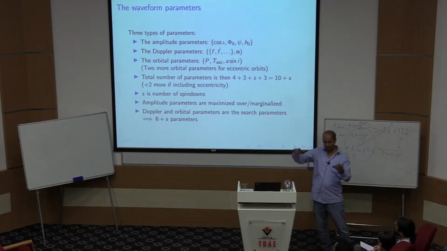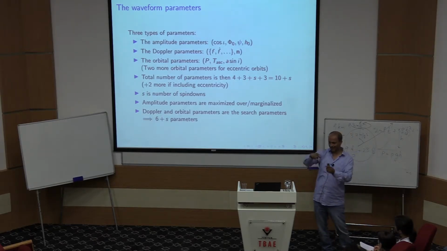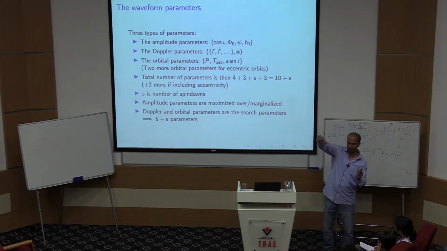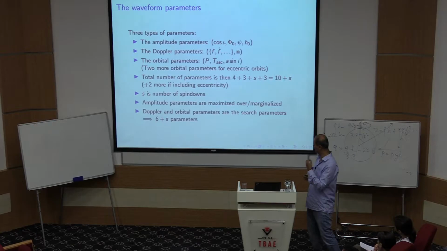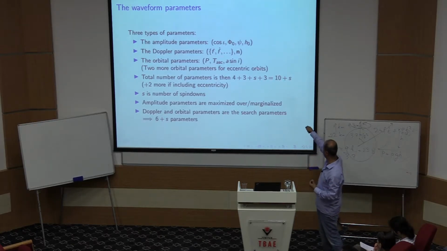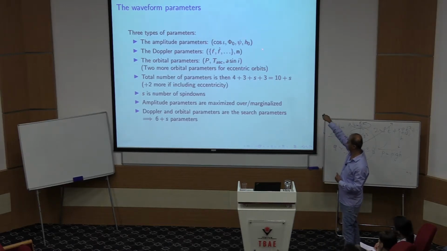And if the orbit is eccentric, then you have 2 more: eccentricity and which direction the orbit is oriented in. That's all. So in the full case, you have 5 parameters appearing here, just for the frequency evolution. And in addition, these parameters, which in fact are not that difficult, but still they appear in the waveform model.